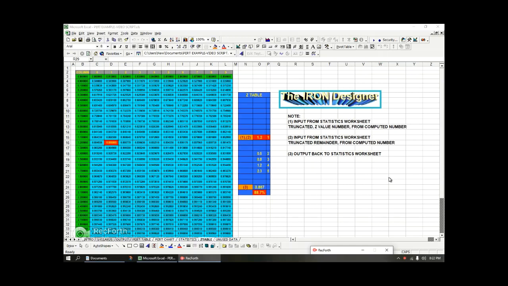So I just wanted to jump into the Z table chart really quick to show you that it's basically what you would get out of a textbook.